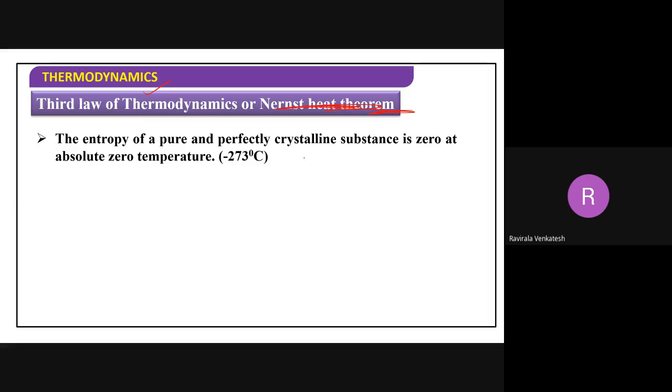What am I writing here? Entropy is 0. The entropy becomes absolutely 0 at absolute 0 temperature. Now tell me, which temperature is called absolute 0 temperature?